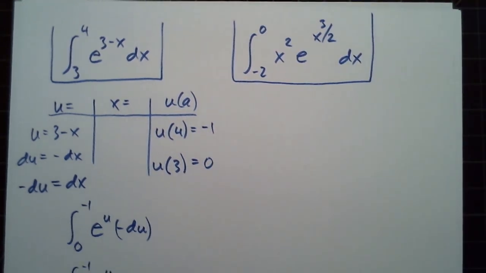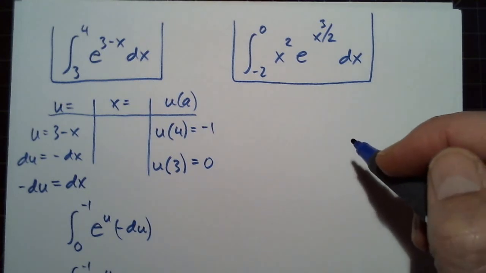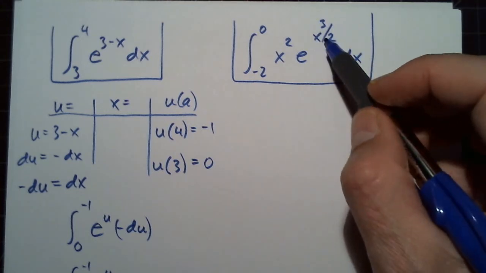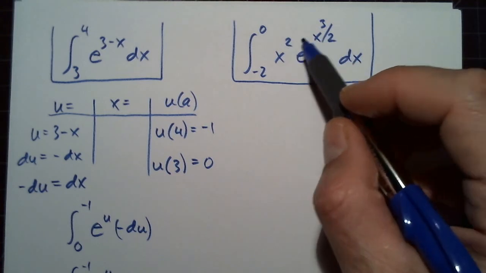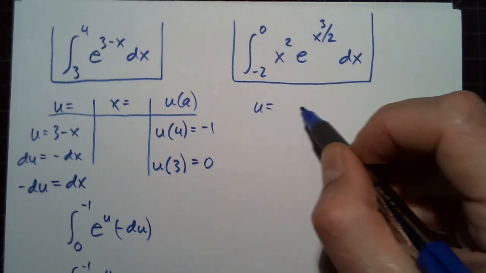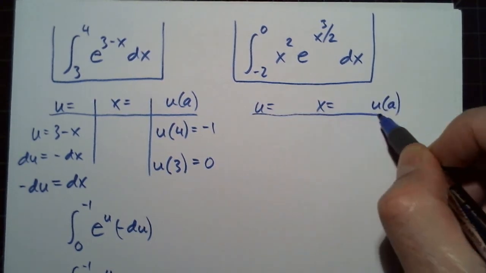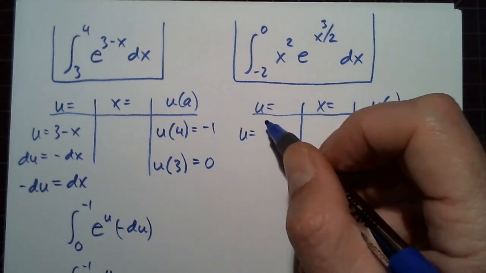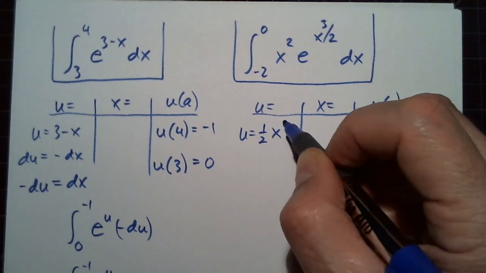All right, pause the video and try that one. Let's let u equal this, and we can see that the derivative of this is going to be down to an x squared, so that should work out well. U equals 1/2 x cubed.